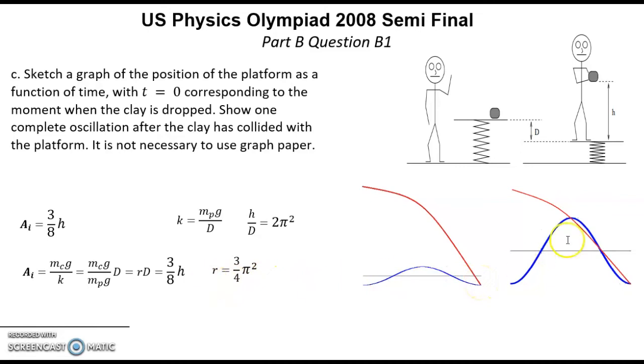For a big ratio they will meet 3 times, so it means somewhere in between this parabola will just touch this sine function, and that's a critical relation between the mass of clay and the mass of platform. So it exists.